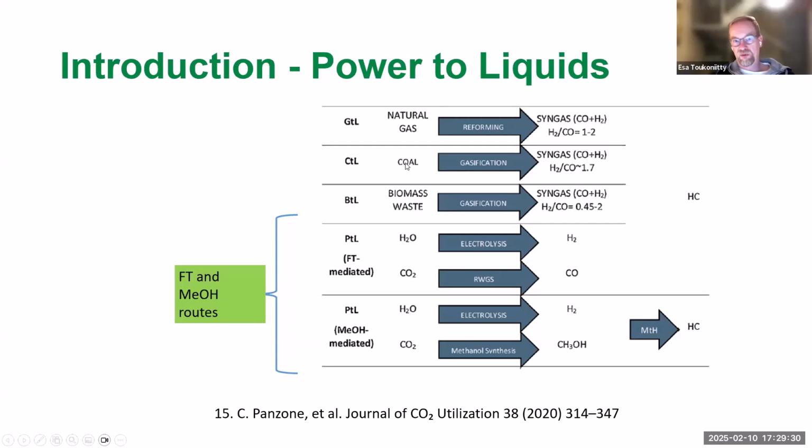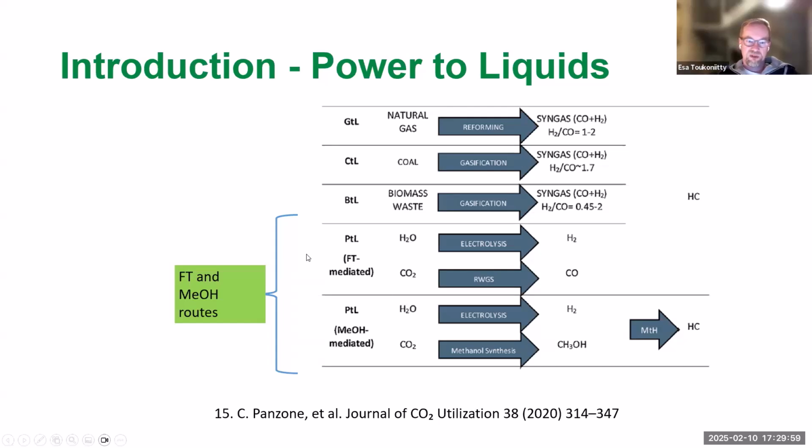The same applies if you use solid coal for gasification, so that you get a mixture of this same, but the ratio varies a bit. And biomass is a greener version, so instead of using coal you can use the carbon in biomass and gasify it with quite similar technology, so you end up with these starting materials.